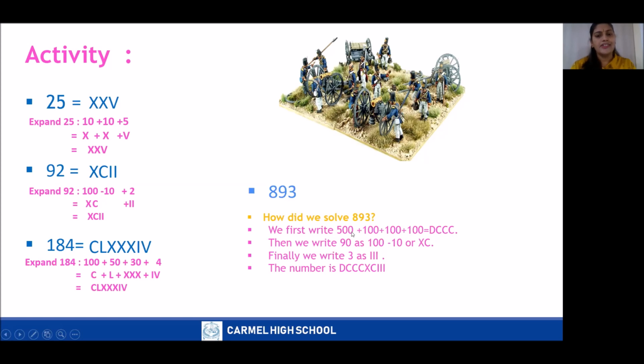Next, we write for 90. 90 as 100 minus 10 or XC. Finally, we write 3 as III. Now, we'll combine all the symbols and the number is DCCCXCIII.